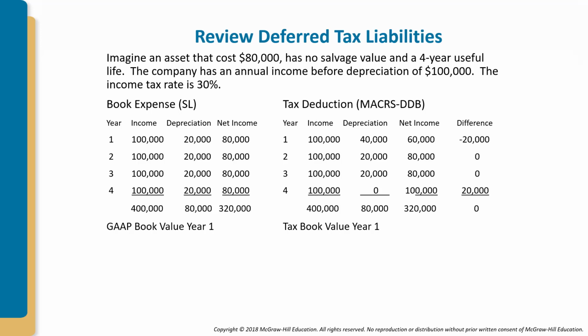We're taking more depreciation in year one, but then we're making up for it down here in year 4, okay? And so what we're going to call that, and I have it up here, this is going to be a deferred tax liability.